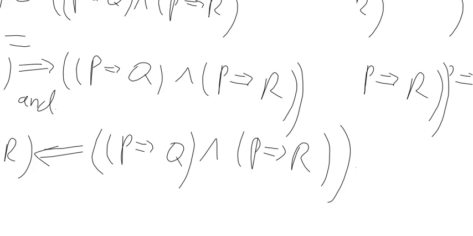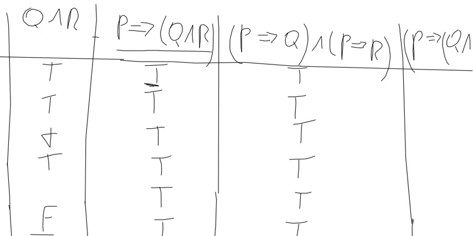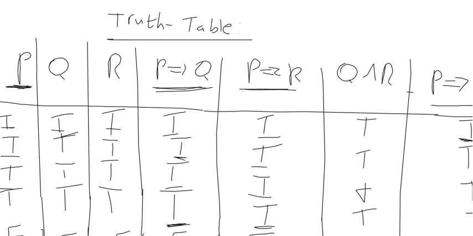If you look at the first one, P implies Q and R, and then we have to look at P implies Q and P implies R. I know this is a lot, so we have to go slowly.